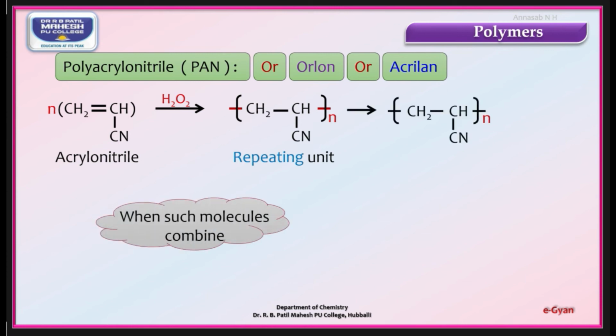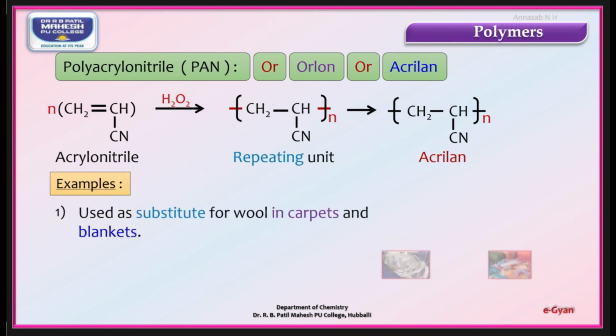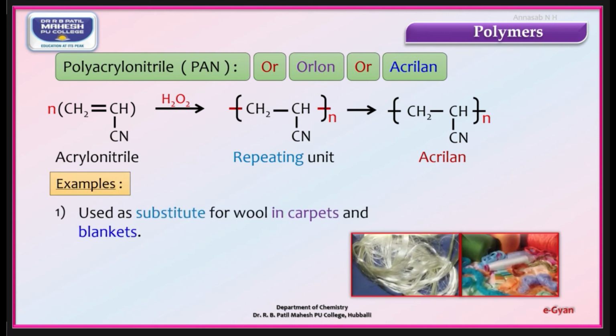So if it combines n times, it forms polyacrylonitrile, also known as acrylan. Example: polyacrylonitrile is used as a substitute for wool in carpets and blankets.